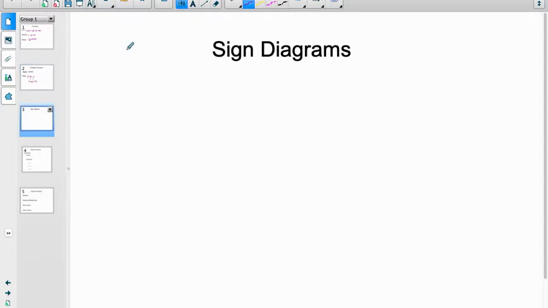Sign diagrams. A sign diagram, you're going to have a line, and on the line, you're going to need to mark any critical values.